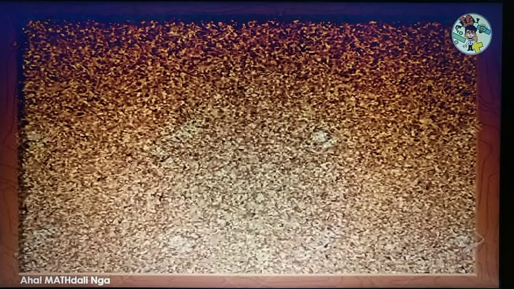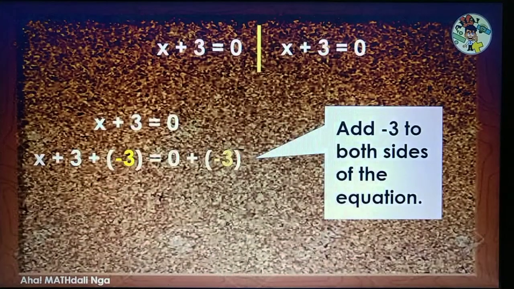Next step, let's solve each resulting equation to find the value of x. x plus 3 is equal to 0. Let's eliminate positive 3 on the left side of the equation, and that is by adding negative 3 to both sides of the equation.